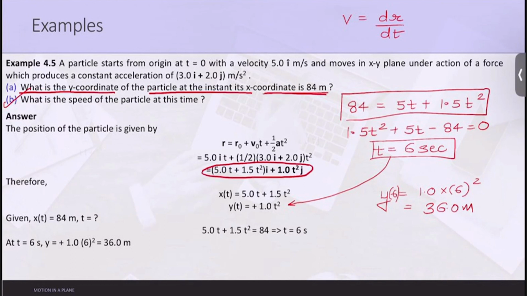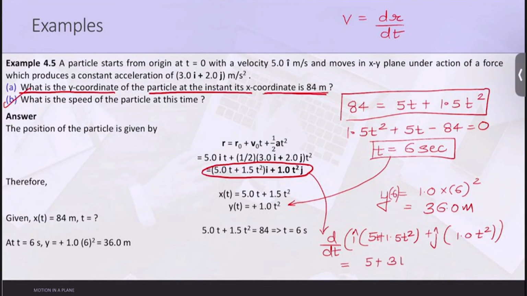So if we differentiate it, it is d by dt of i cap into 5t plus 1.5 t square plus j cap into 1.0 t square, which will directly lead us to 5 plus 3t i cap plus 2t j cap.